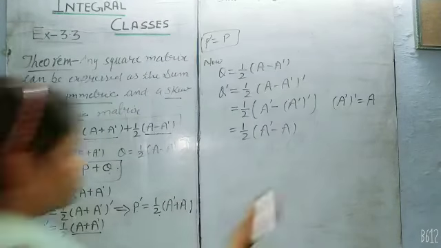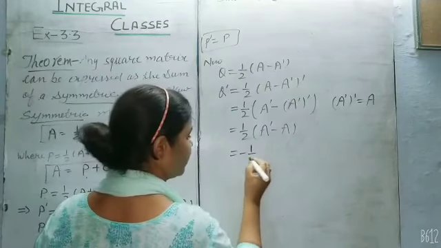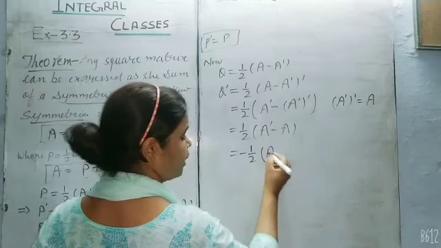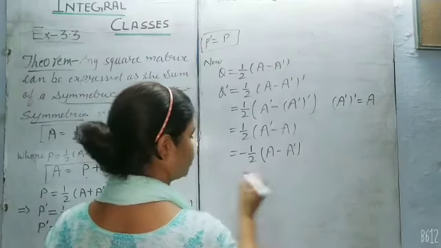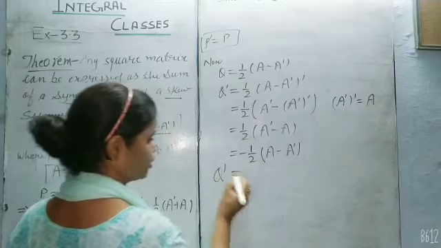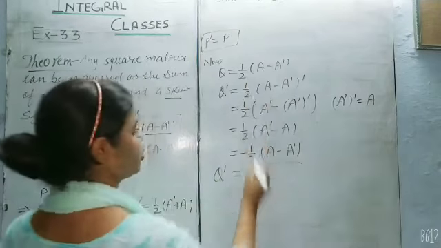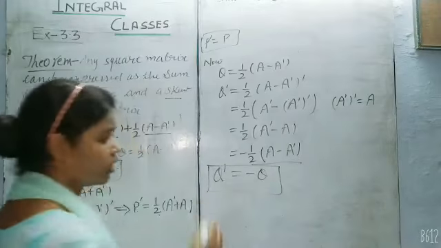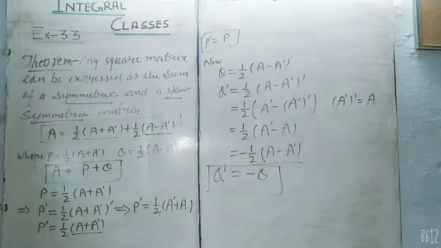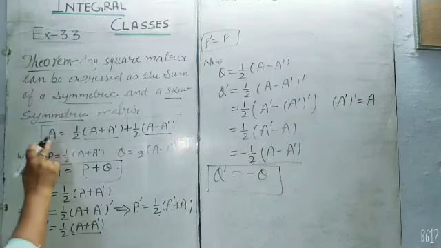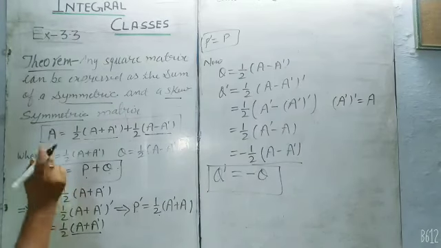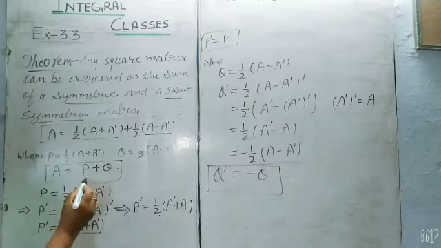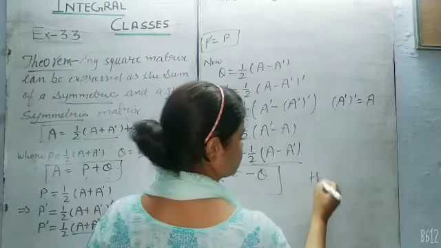Now the minus sign we take common outside, it becomes minus 1 by 2 (A minus A transpose), which is equal to Q transpose. Now what is the value of this? Minus Q. So it is the condition of a skew symmetric matrix. So as the theorem says, a square matrix is the sum of a symmetric matrix and a skew symmetric matrix. Hence proved.